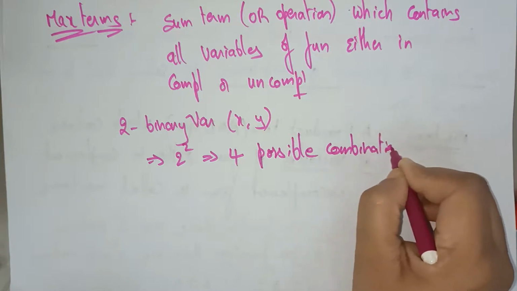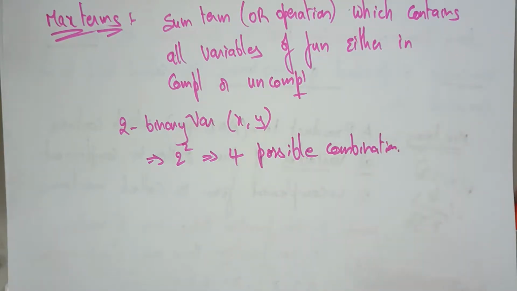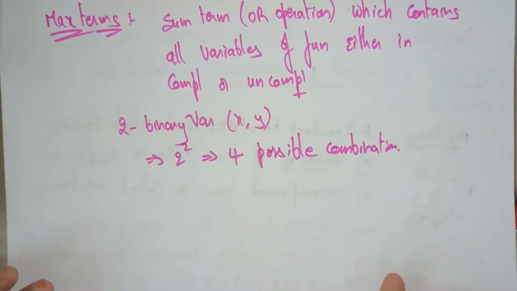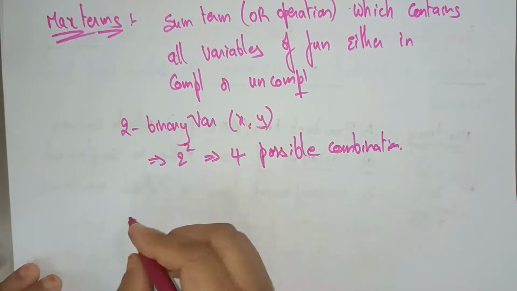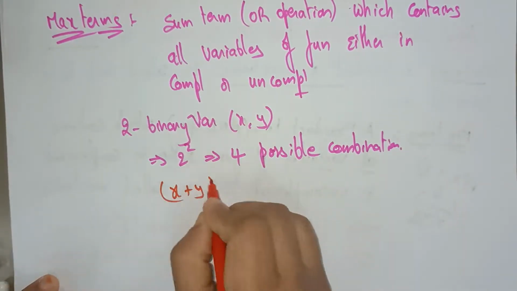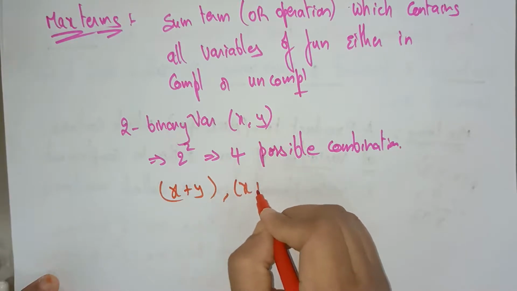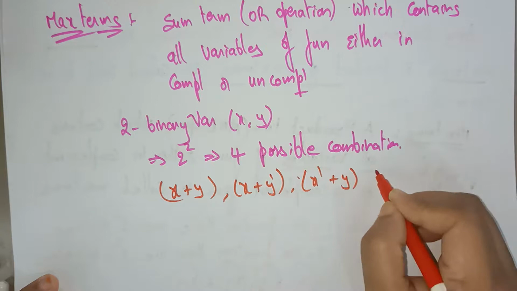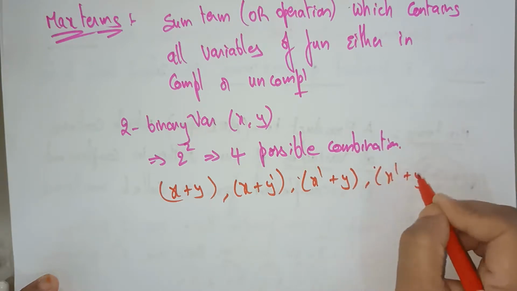That is what we had said. Suppose it is an n variable function, there are 2 power n max terms. Just like if it is a 2 variable function, you will get 4 possible combinations. 4 max terms are possible. So the 4 max terms are x plus y, x plus y dash, x dash plus y, or x dash plus y dash.